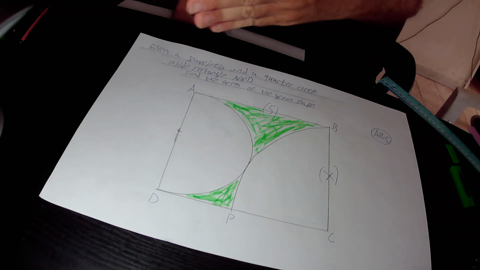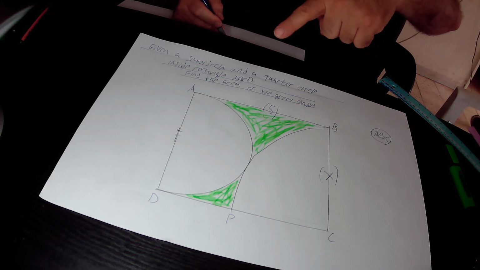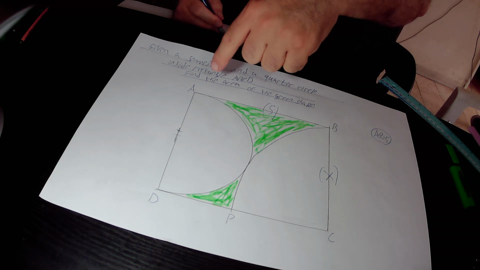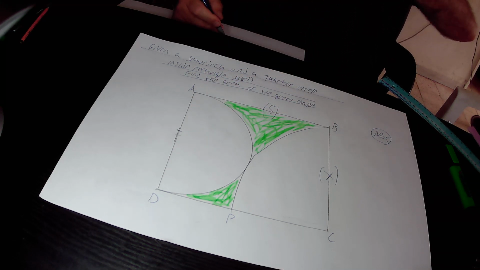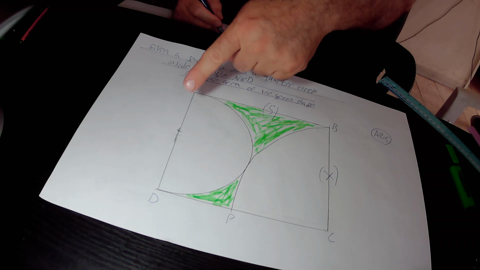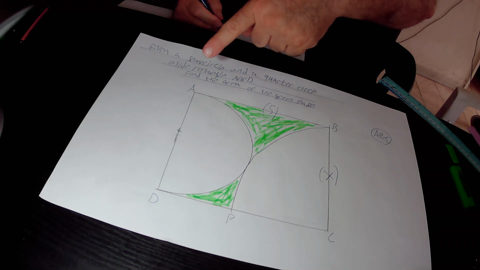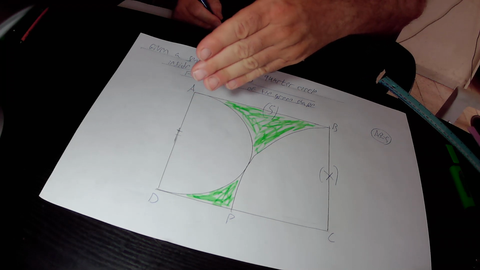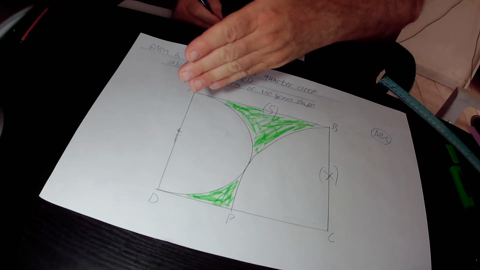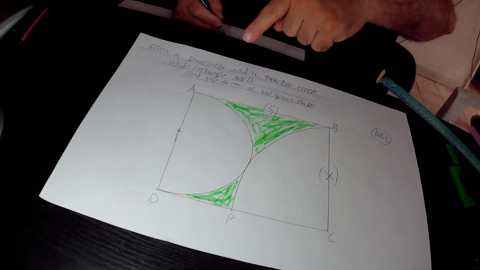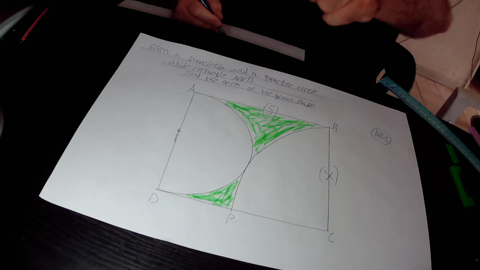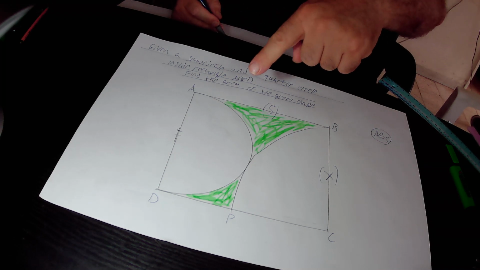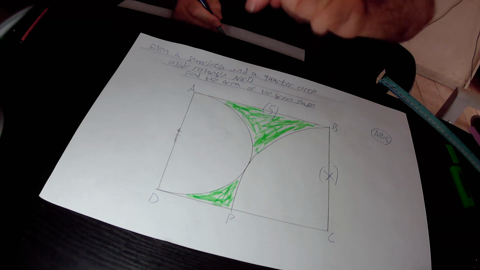AD is one side of rectangle ABCD, but AD is also the diameter of the semicircle. So the diameter AD equals x units in length. If the diameter AD equals x, it means that the radius of this semicircle must be half of it, that is to say, x over 2.